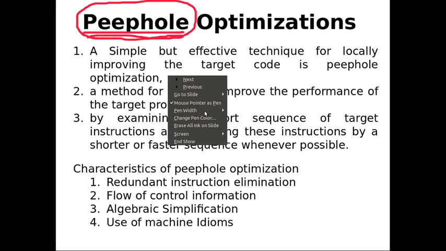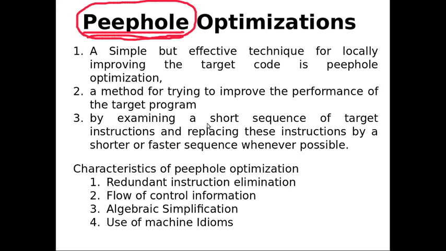Now, what are the methods or characteristics we are going to apply under peephole optimization? First one, redundant instruction elimination. Redundant in the sense duplicate. Then flow of control optimizations, algebraic simplifications, use of machine idioms. We will discuss one by one with examples.